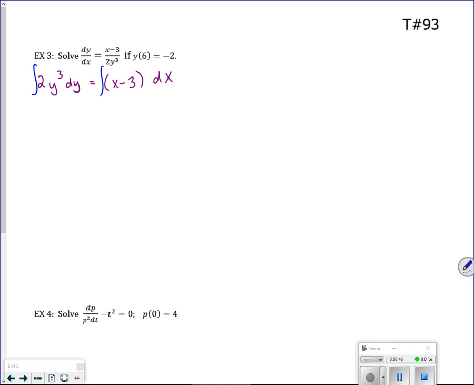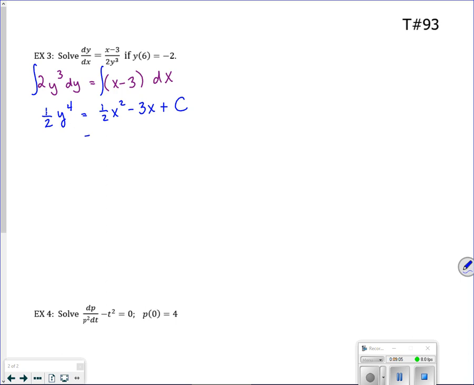And if I integrate, I'd have 1/2 y to the 4th is equal to 1/2 x squared minus 3x plus c. Then what do I do? I put in my initial condition.